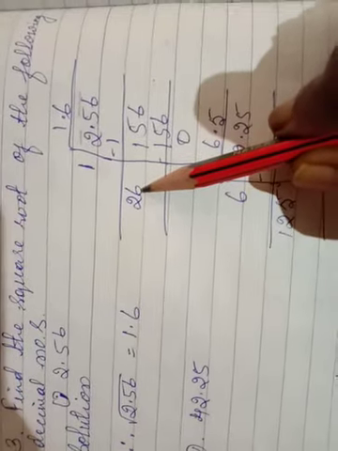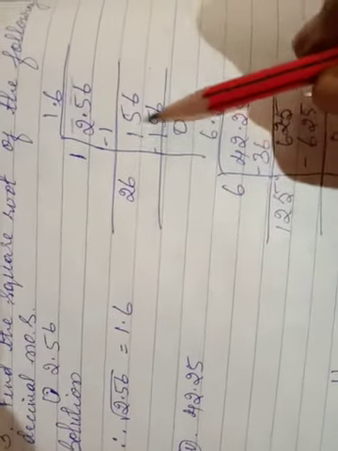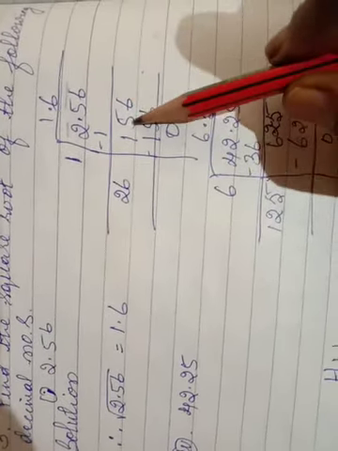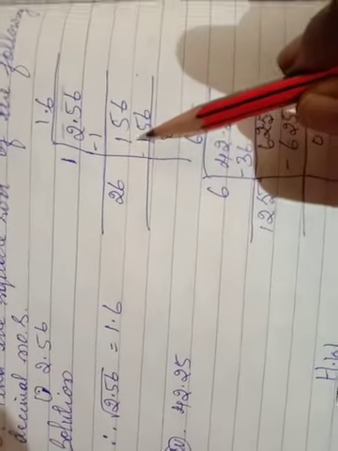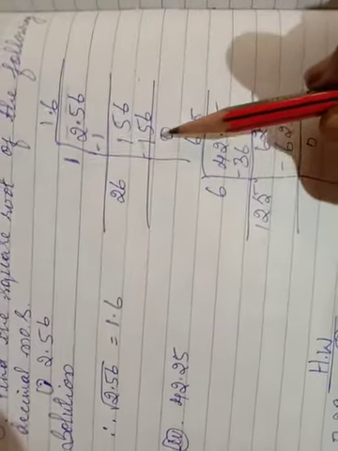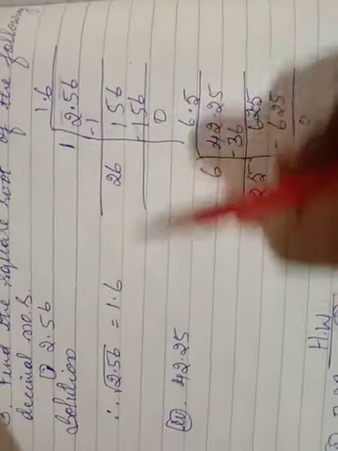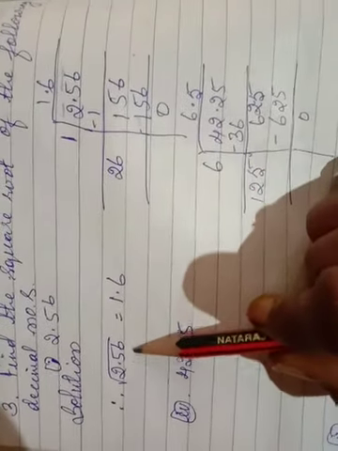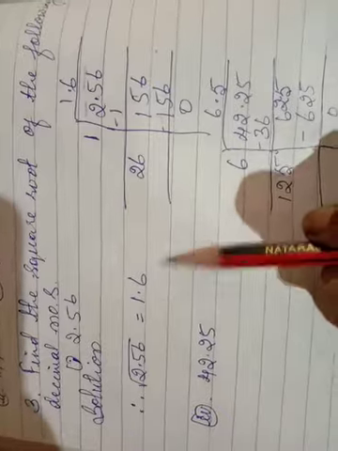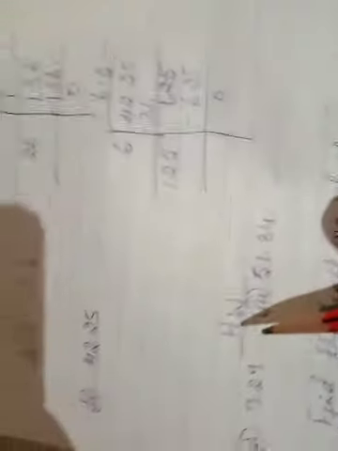So that is 26 you get. 26 times 6 is 156. 56 you have to take here and this 1 you get here, so 156 you will get here. 26 times 6 is 156. Okay, 0 you will get. The answer here is 1.6. The square root of 2.56 is 1.6.